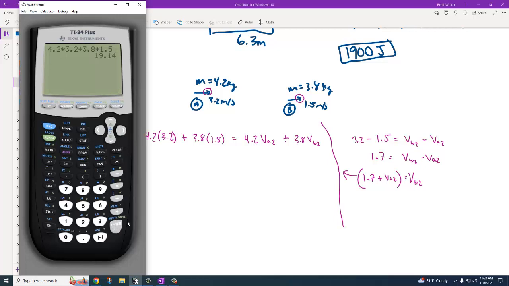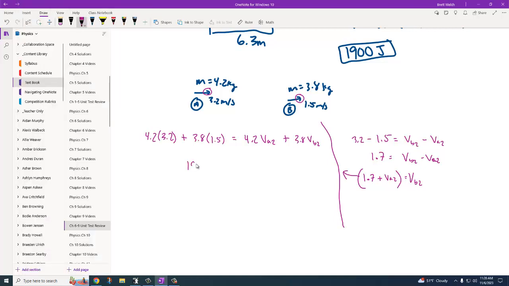All right, let's try that. 19.14. All right, so 19.14 equals 4.2 VA2 plus 3.8, and instead of writing VB2, I'm going to write what it's equal to, 1.7 plus VA2.